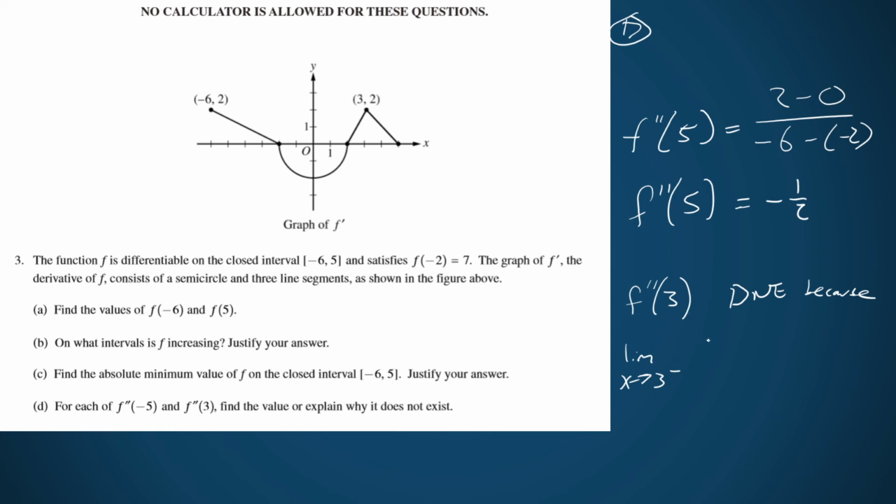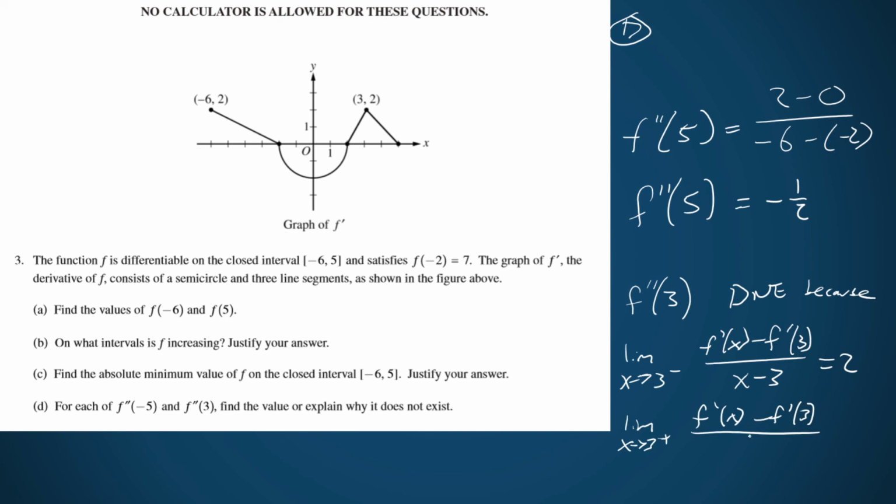Check slope. Okay. Yep. So that's 2. Okay, then the limit as x approaches 3 from the right. That's negative 1. Okay, yep.